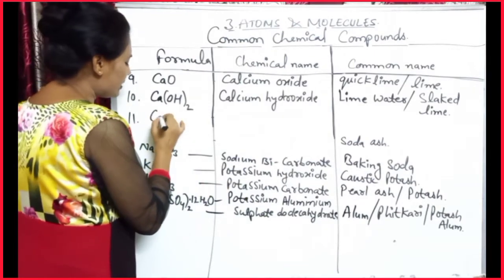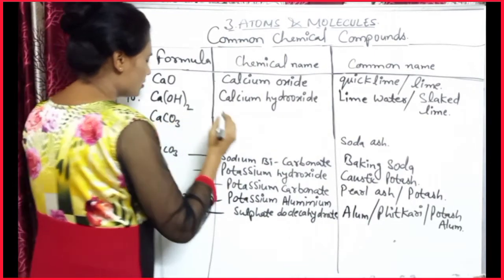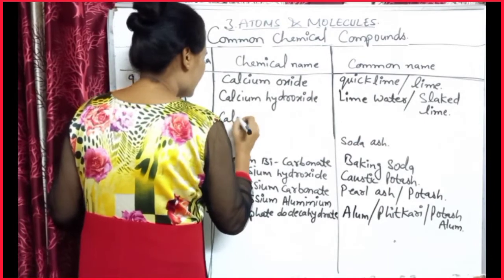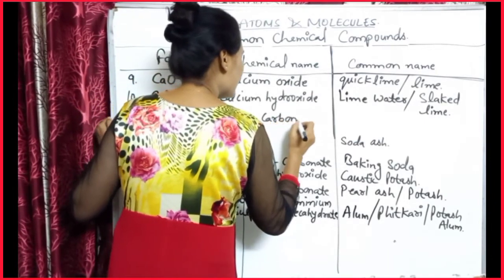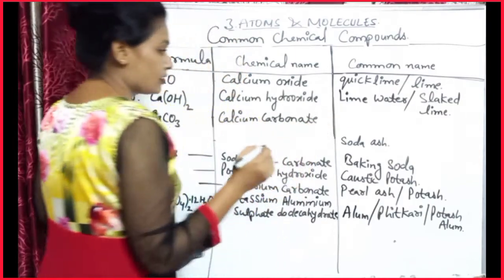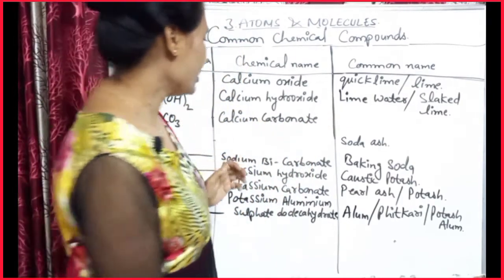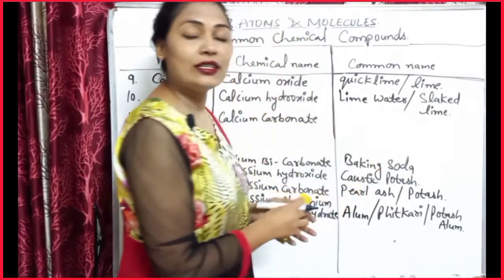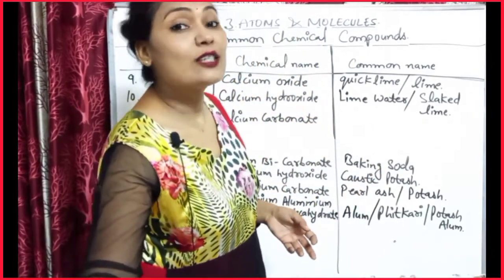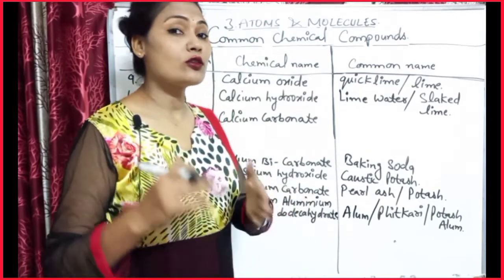So calcium carbonate, CaCO3. You can write calcium carbonate, and its common name is, what is the common name? Common name is limestone. Then it is also known as marble or chalk.